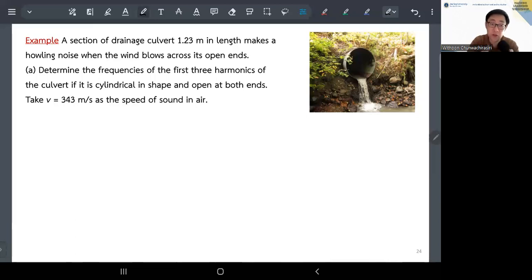So that's why you will hear those wavelengths the loudest. The ones that don't fit those conditions will pretty much disappear in the background. You won't hear them a lot.